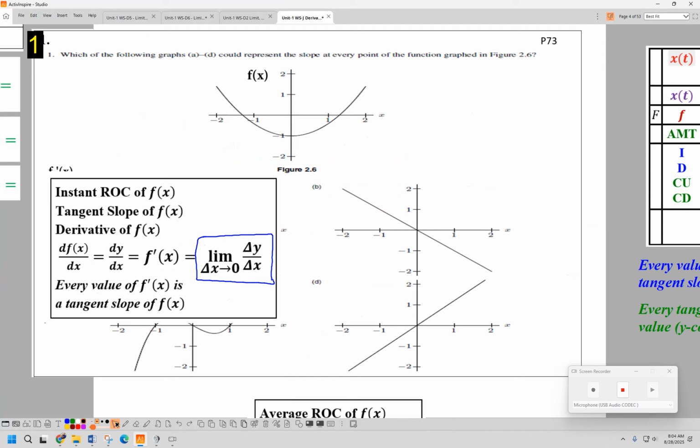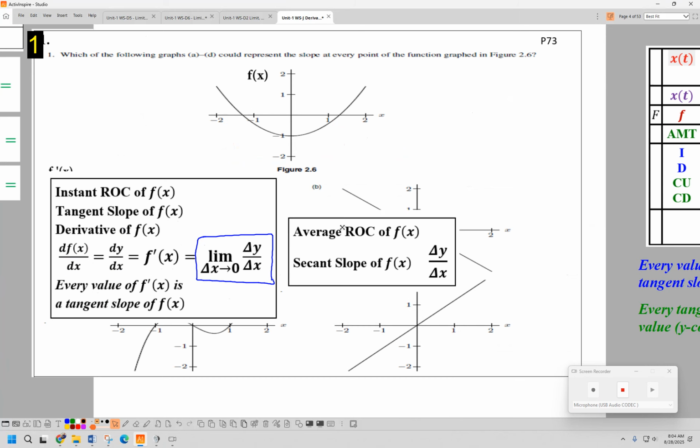That's also on your reference sheet, right there. And you learned that average rate of change means that when you have a list of XY pairs, how are those XY pairs changing from one point to another?